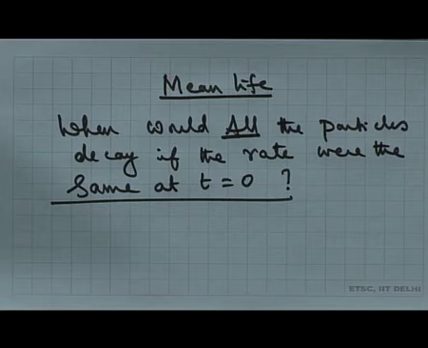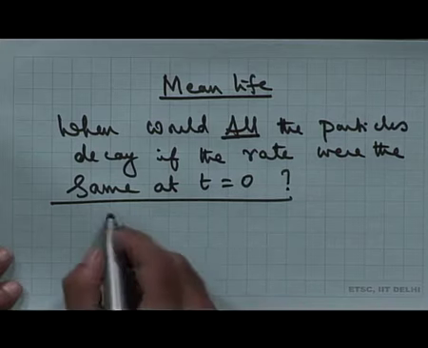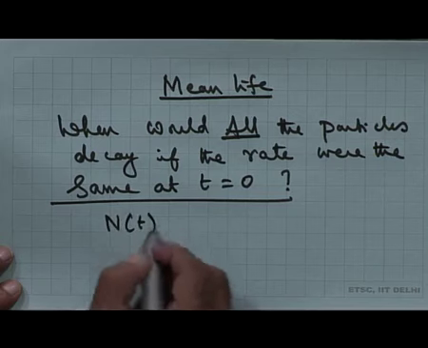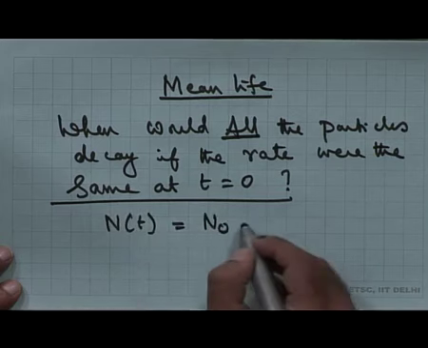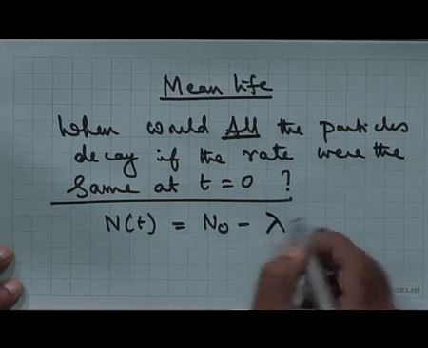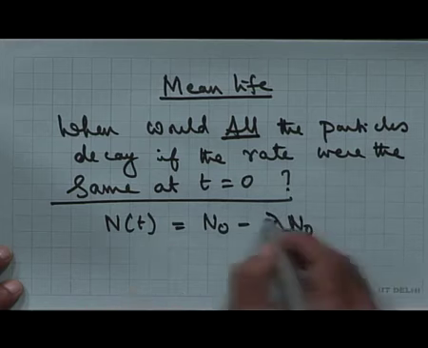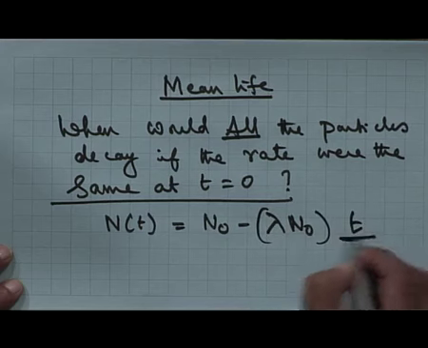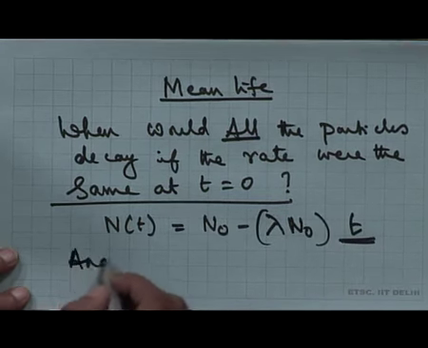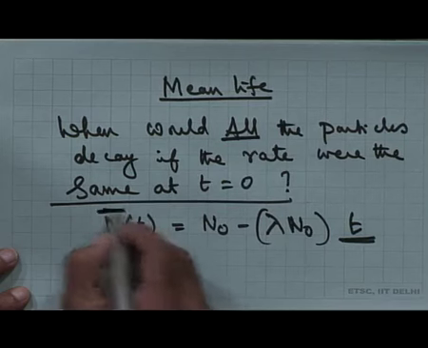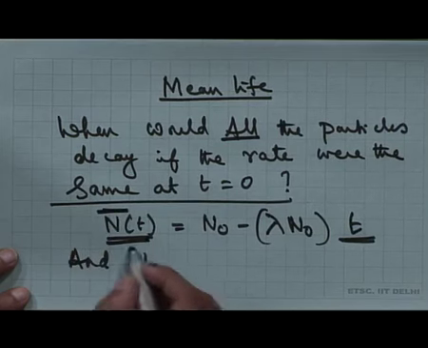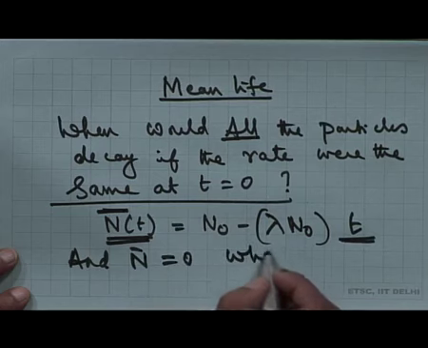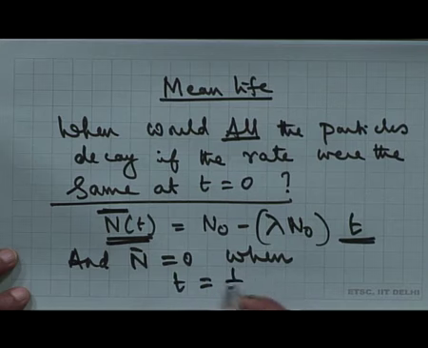The answer to that is very, very easy to find out. In that case, we would have written n of t is equal to n naught minus lambda n naught into t. And this is not the real n naught, I will put an n bar. Is that okay? And n bar equals 0 when t equals 1 over lambda, identically equal to tau.